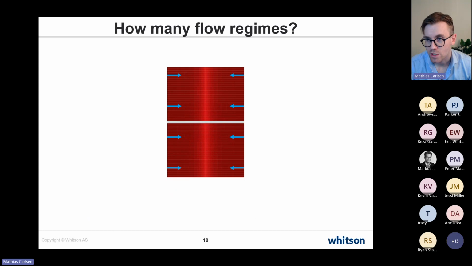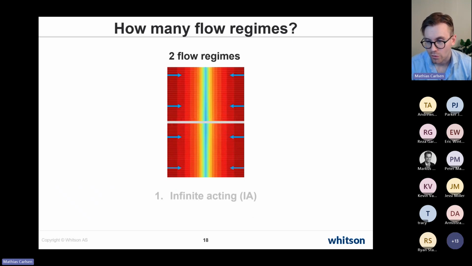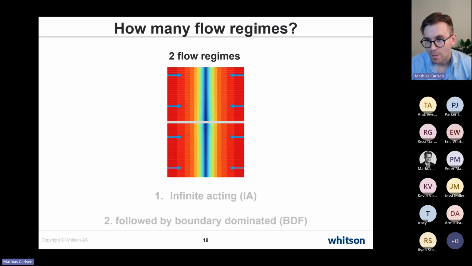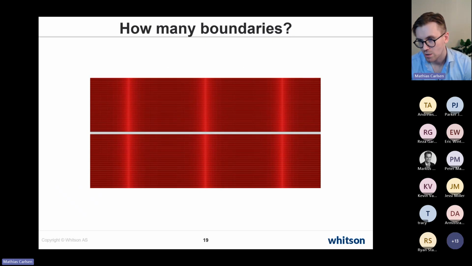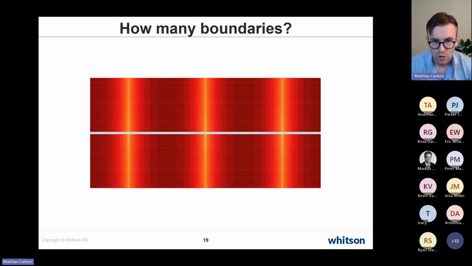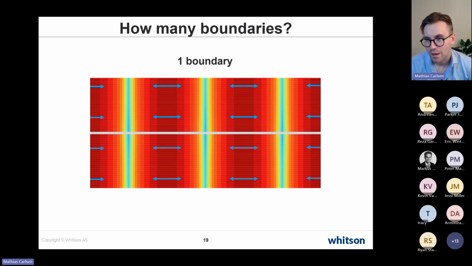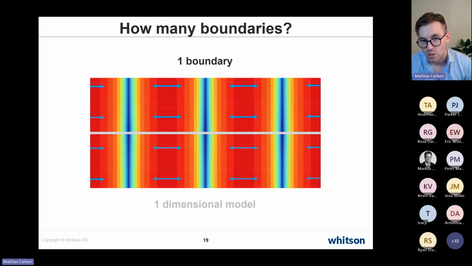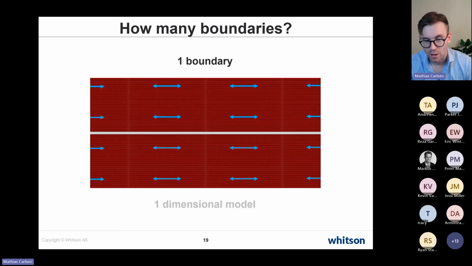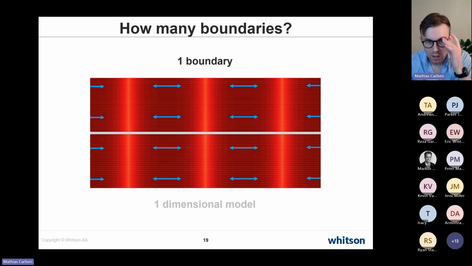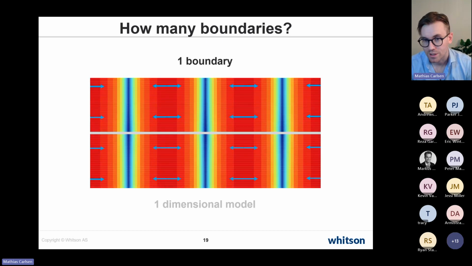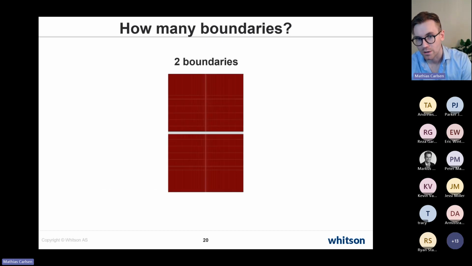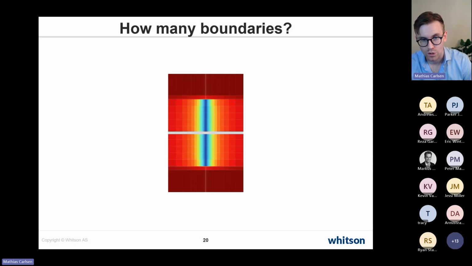And the number of flow regimes is 2 flow regimes. You go directly from infinite acting flow, and then you hit the boundaries at the same time, followed by boundary-dominated flow. And even if you stack these guys up in a symmetry element model, which is typically what we use in an RTA sense, then you're still dealing with a one-dimensional model because all of the individual wells or models are one-dimensional and they hit the boundaries at the same point in time. So there'll be basically 2 flow regimes there.